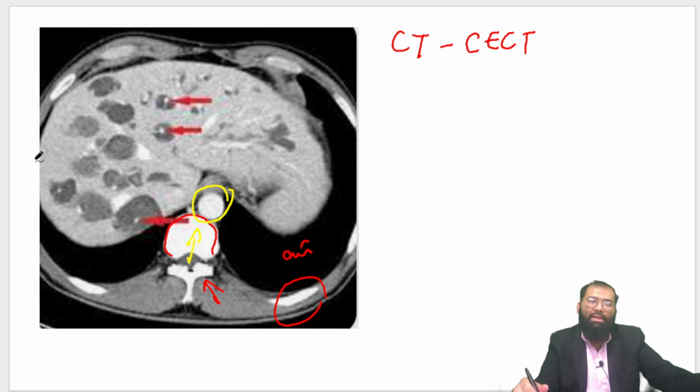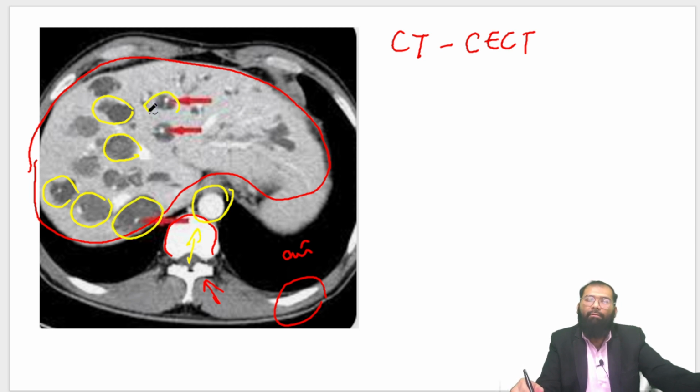And now here is the liver, and within the liver you are able to see multiple fluid density, hypodense, cystic lesions. They are multiple, and a very particular thing about these lesions is the central vessel which you are able to see in each of them.